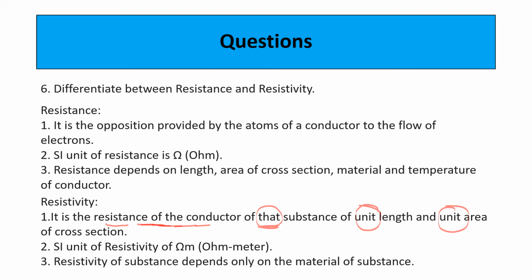What is the SI unit of resistivity? SI unit of resistivity is ohm meter. Resistivity of the substance depends only on the material of the substance. We have already learned that different materials will have different resistivity.